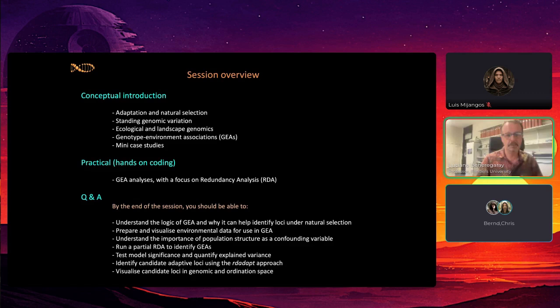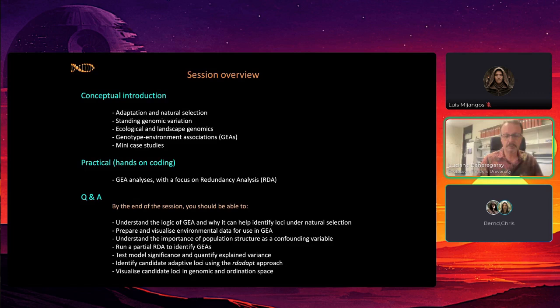And by the end of this morning, we hope that you'll be able to understand the logic of genotype environment association analysis, why it can help identify regions of the genome under natural selection. You'll be able to prepare and visualize environmental data to be used in a GEA, understand the importance of population structure.